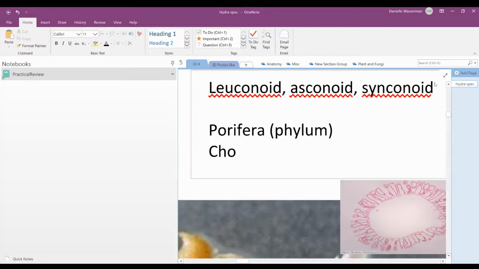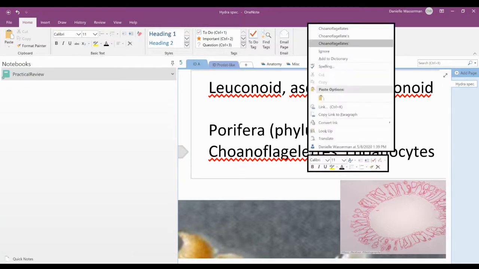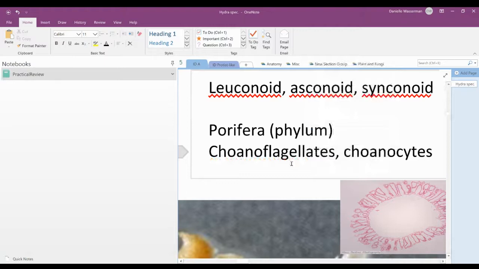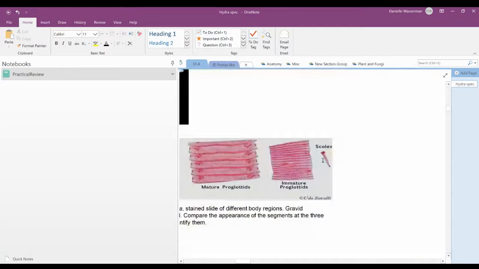Also choanoflagellates and choanocytes, which I'm not going to get into because it's specific anatomy.